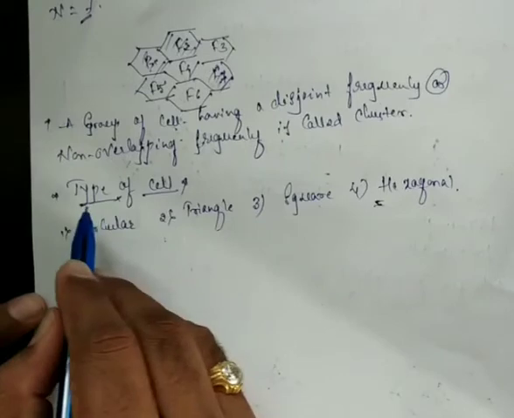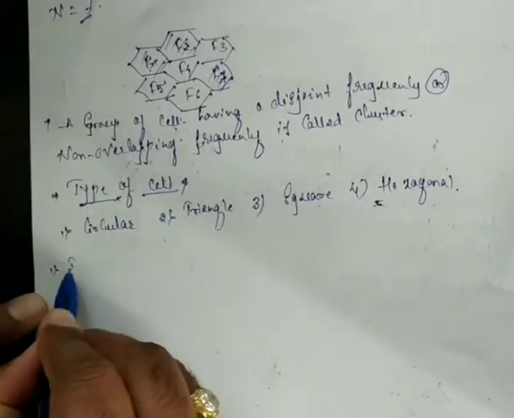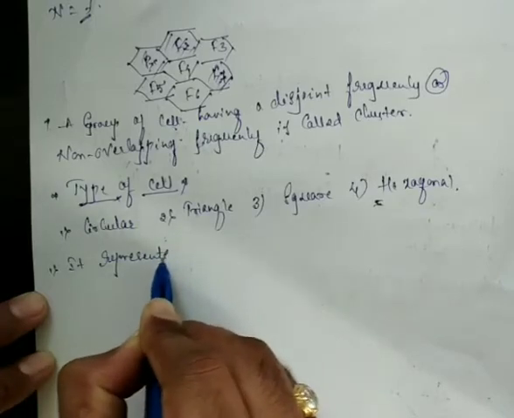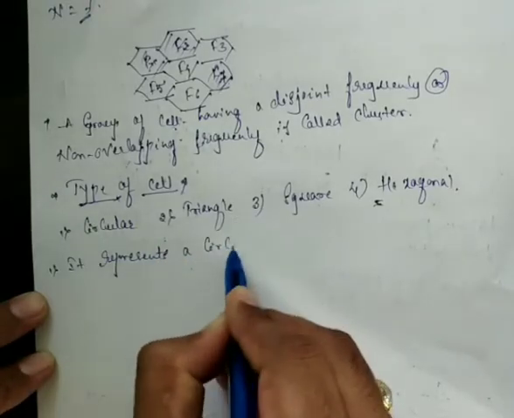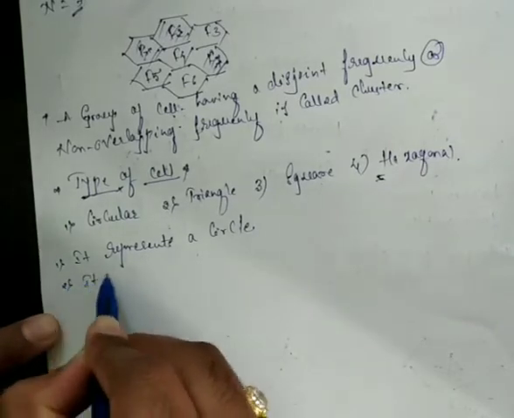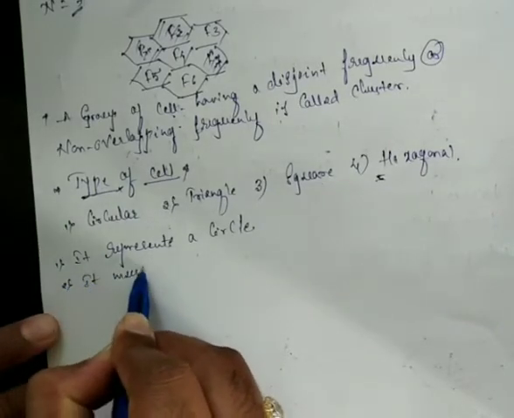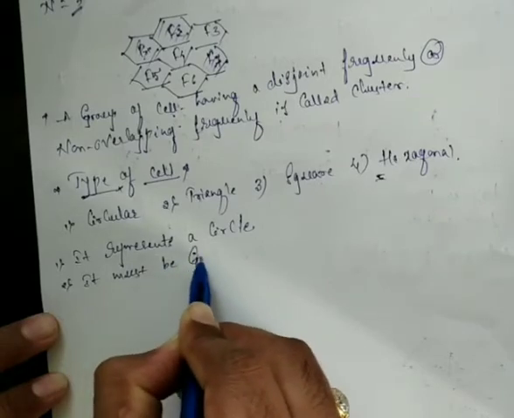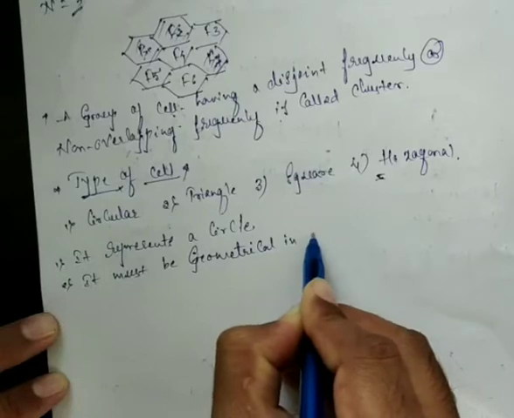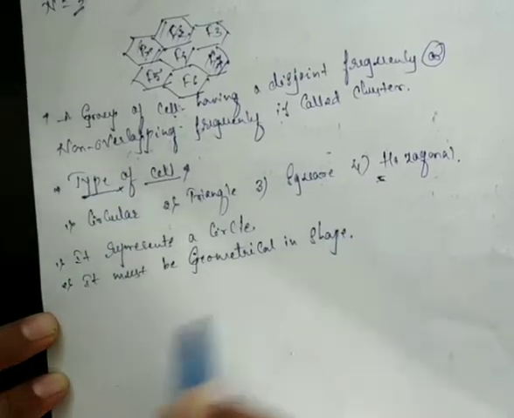We'll see this. The type of cell represents a circle. It must be geometrical in shape.